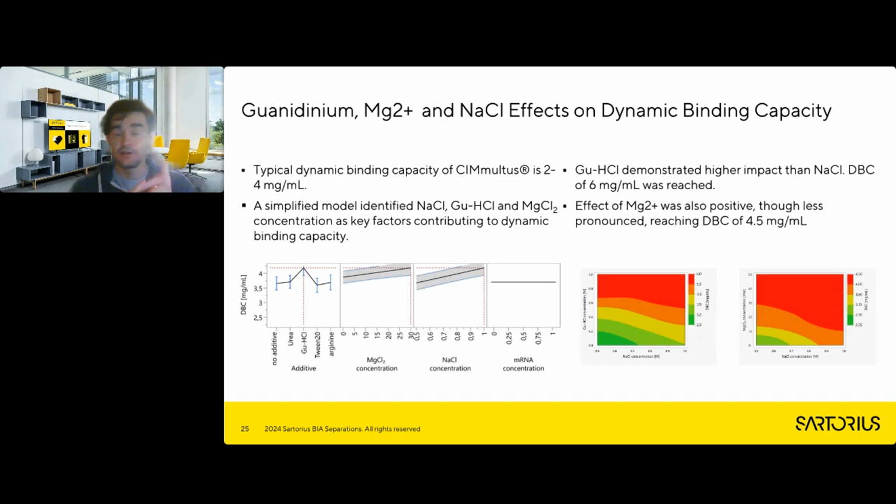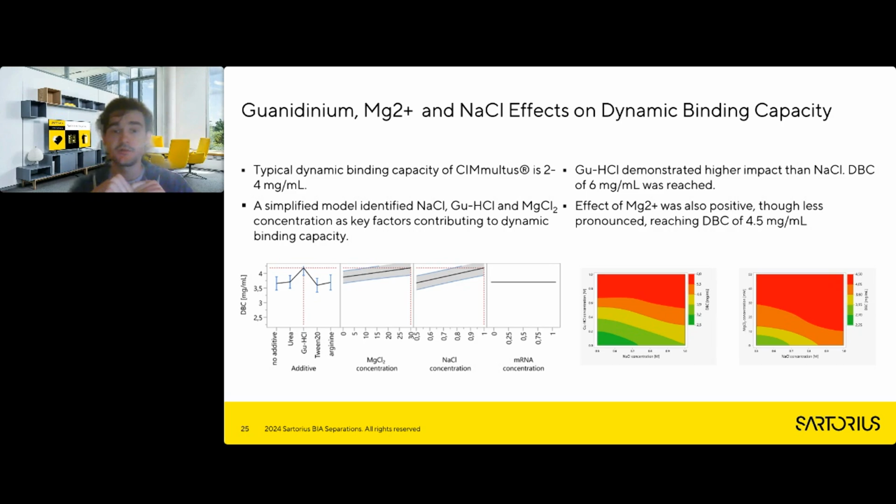On the oligo-DT ligand, we usually get under normal conditions a capacity between 2 and 4 milligrams per milliliter of resin. This simplified model identified sodium chloride, guanidinium chloride, and magnesium chloride as key contributing factors to binding capacity.